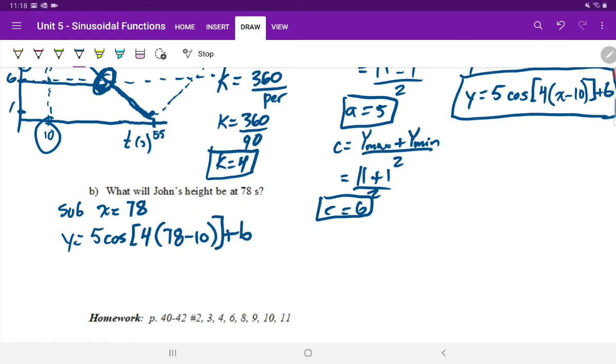Make sure that you punch this all correctly into your calculator, right? So let's figure out our bracket first. Let's follow BEDMAS. We've got 78 minus 10, which is 68, times 4. So 68 times 4 is 272. So we're going to find the cos of 272.